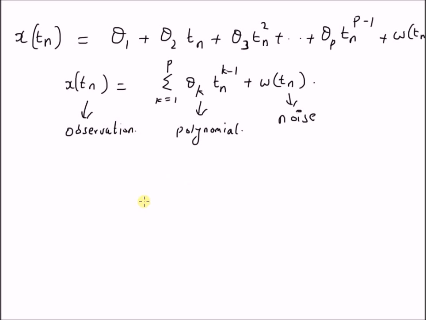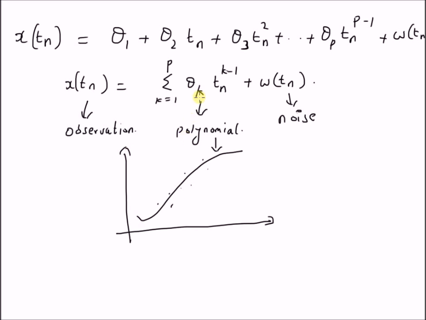So graphically this can be seen as follows. We basically have a polynomial that represents the signal component of this observation, and we have the observations, and the gap between these observations and the polynomial basically represents the noise component. So our goal is to find the parameters of this polynomial.